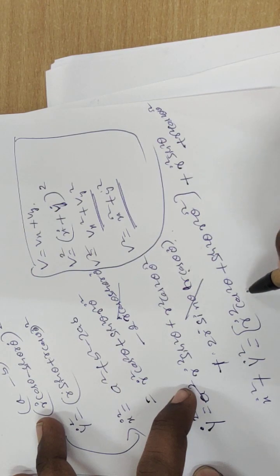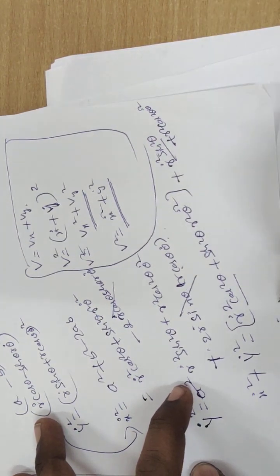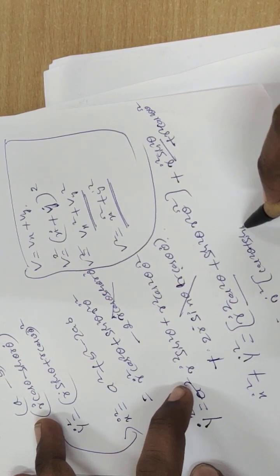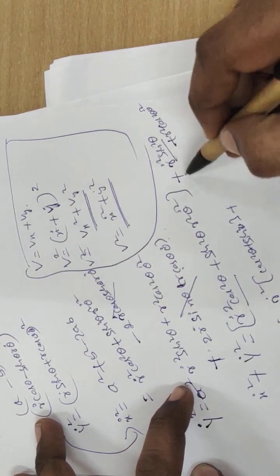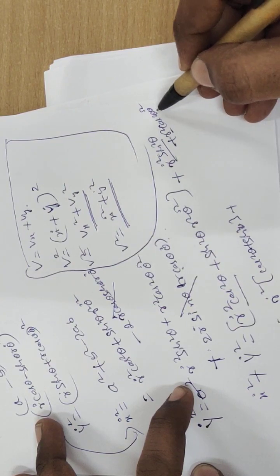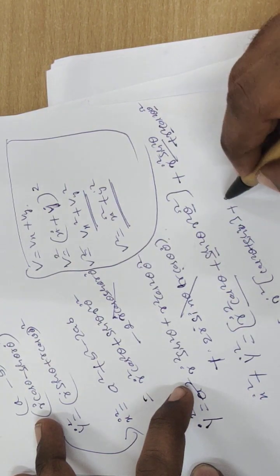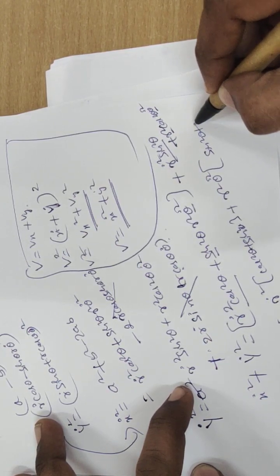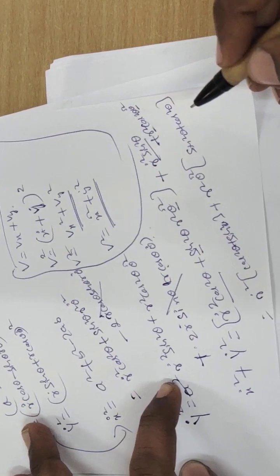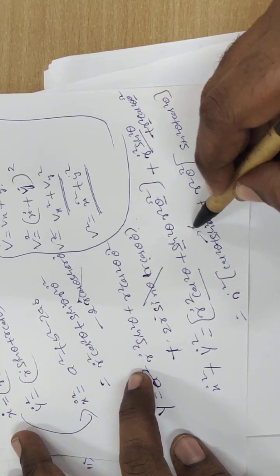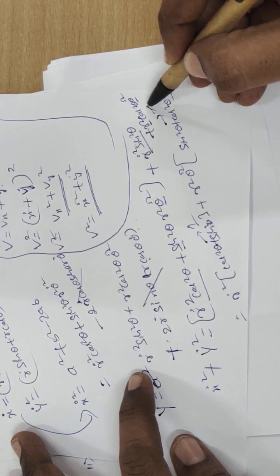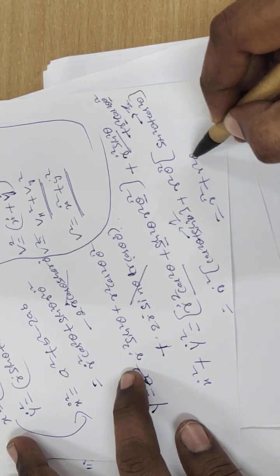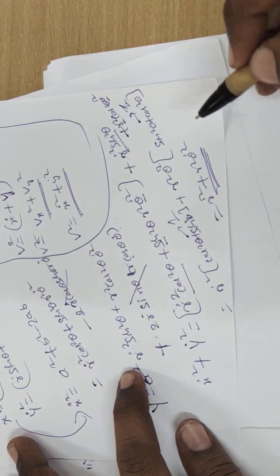Taking r dot square as common, we get cos square theta plus sin square theta, and taking r square theta dot square as common, sin square theta plus cos square theta. We know that sin square theta plus cos square theta is equal to 1, so this is r dot square plus r square theta dot square. So this is the velocity square.